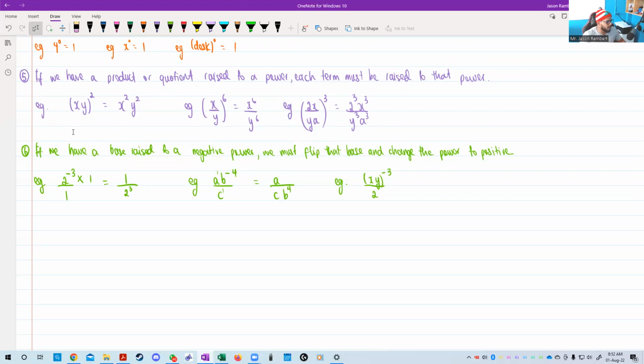Law 5 says if I have a product or a quotient raised to a power, each term must be raised to that power. So I'm breaking it down a little bit here. This is x to the -3, y to the -3 over 2. Both terms have a negative power attached to them, so both terms need to move. The x needs to move and the y needs to move.